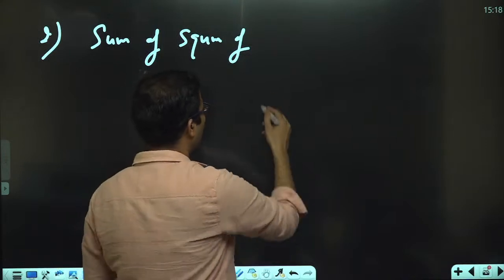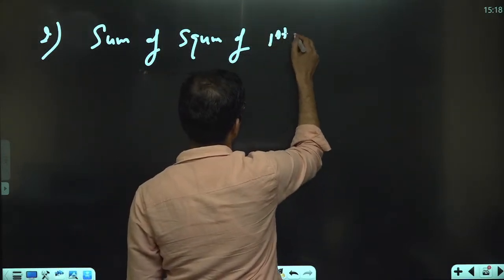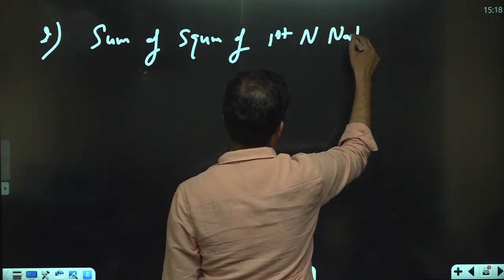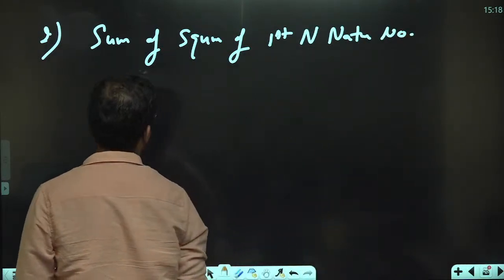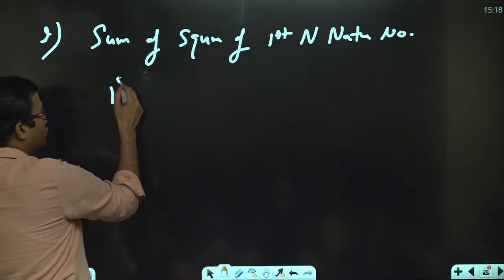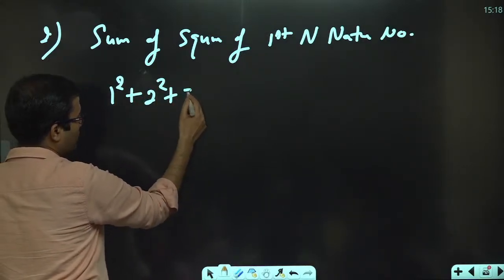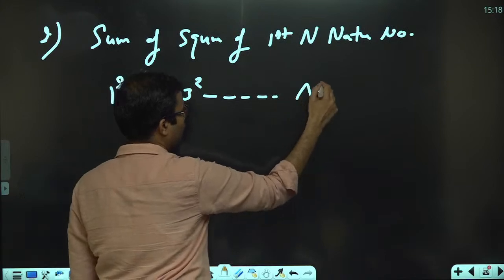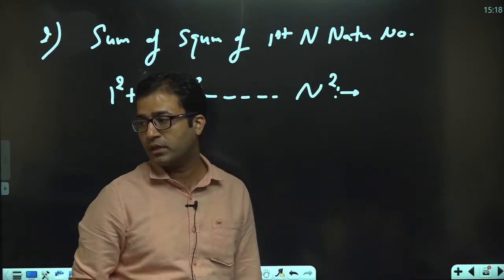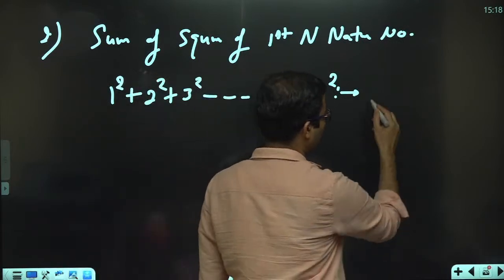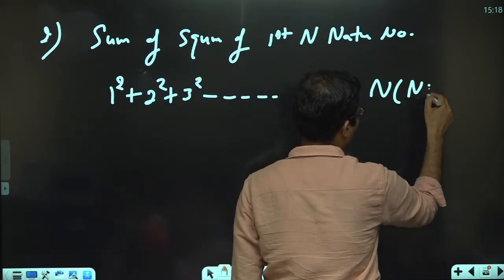Sum of squares of first n natural numbers. Meaning hereby 1 square plus 2 square plus 3 square up to n square. Can anyone tell me what is the formula here? n into n plus 1 the whole square by 6.